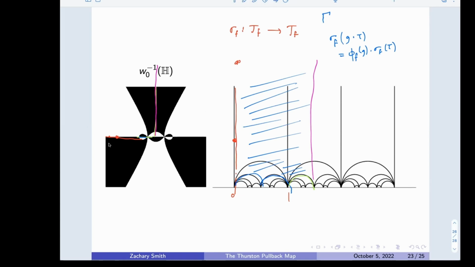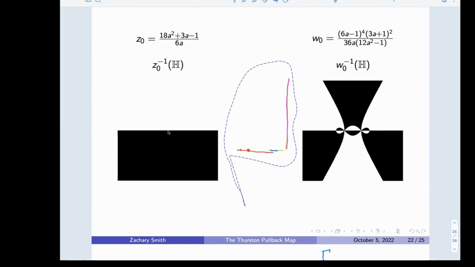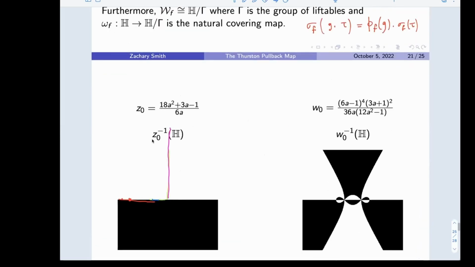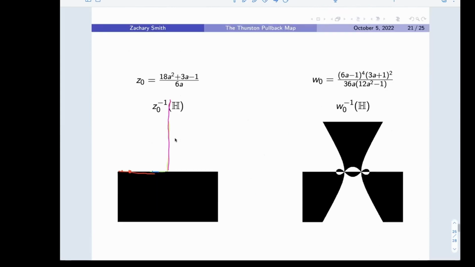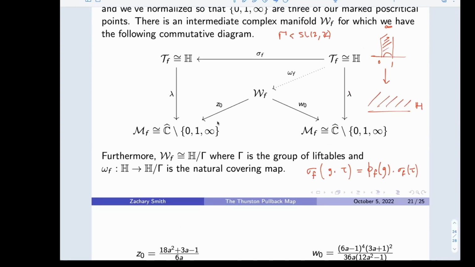But in my correspondence, my lines here are sharing a common space with my tiling relative to Z naught inverse of H. So they're both living in Hurwitz space.